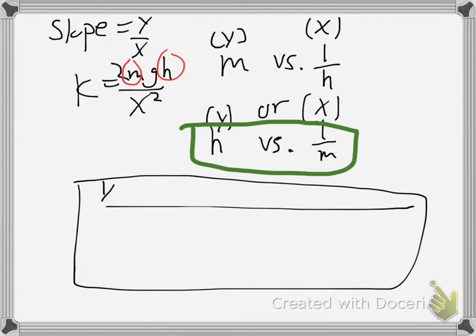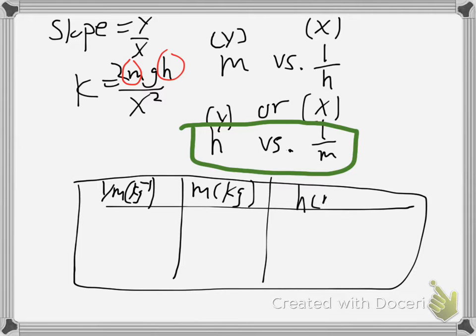So we're going to have 1 over mass, then mass, and then the heights. Honestly, I'm not going to take the time to recopy the heights.